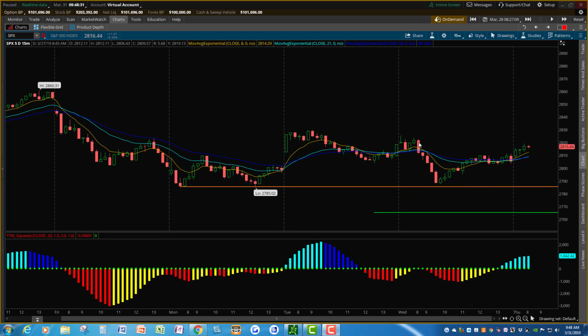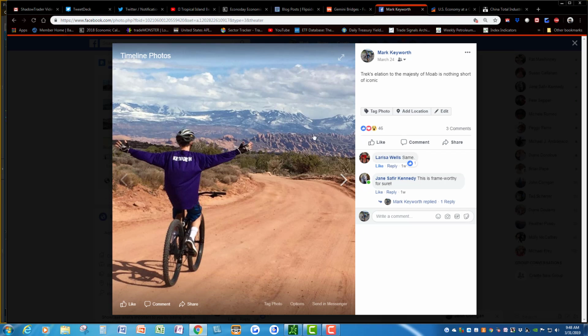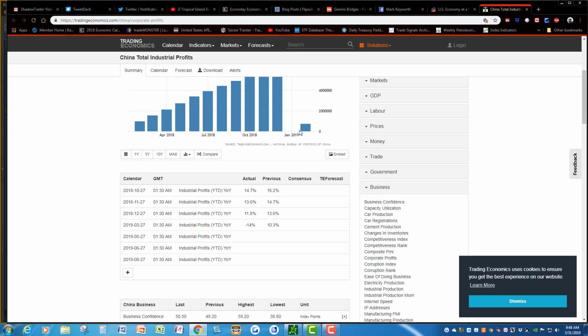And you see this really monster drop at this juncture, and that was due to news on the global scale. Let's take a look at it real quick. It was two different things. Number one, China came out with their industrial profits, and you can see right here that we have this slowdown from 16% to 10%. And that's what's happened with the market.